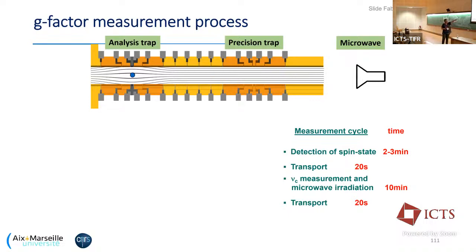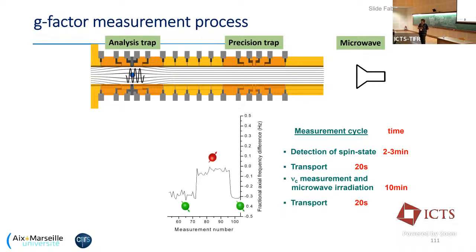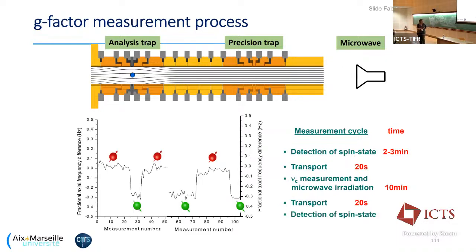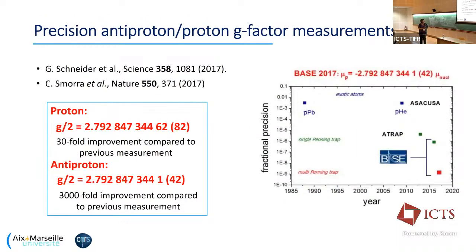You see that one measurement cycle in this one single atom or proton experiment takes about a quarter of an hour. If you want to measure with large precision, you need a long time. So this is a very, very long measurement.